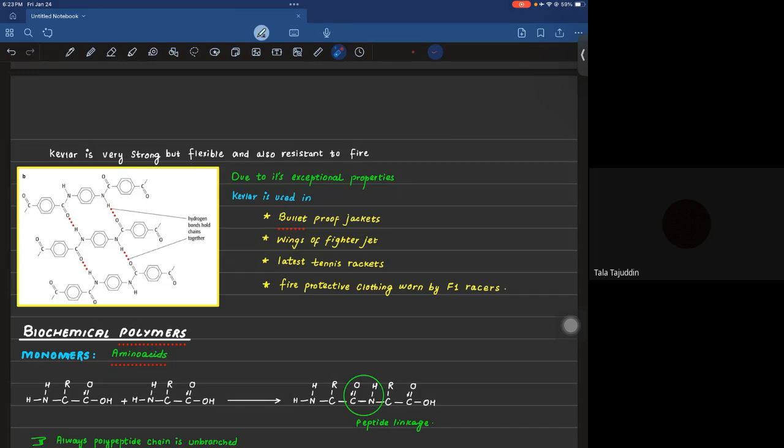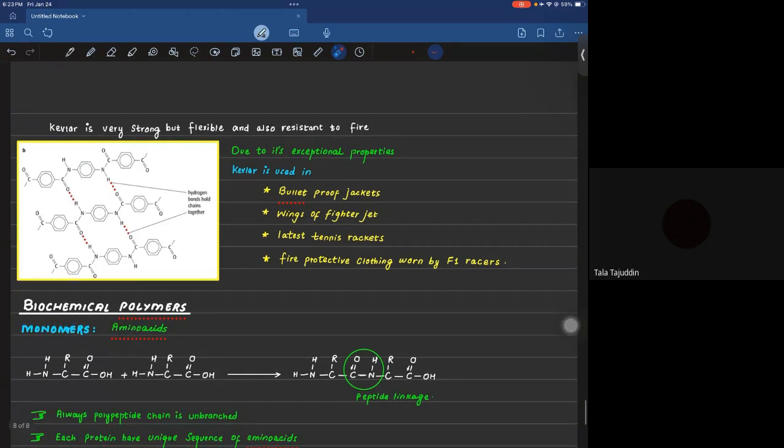So to save the person, they are supposed to wear cloth which should be fire protective. Fortunately, Kevlar is one of them. Why? Due to strong hydrogen bonding, which makes it stronger, remember.